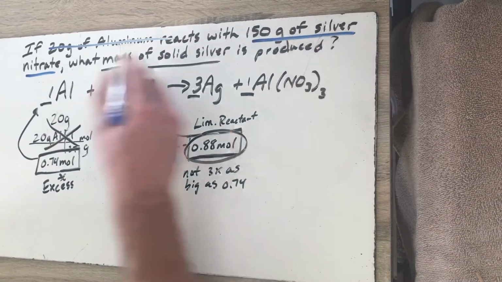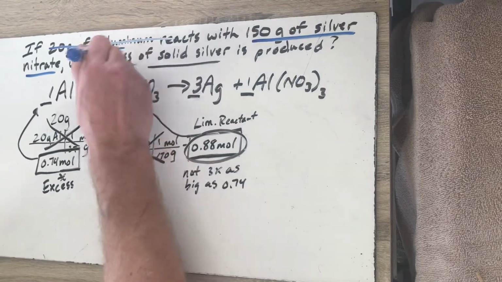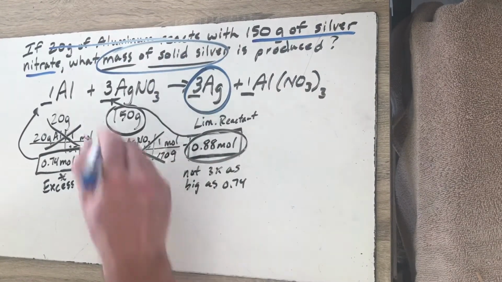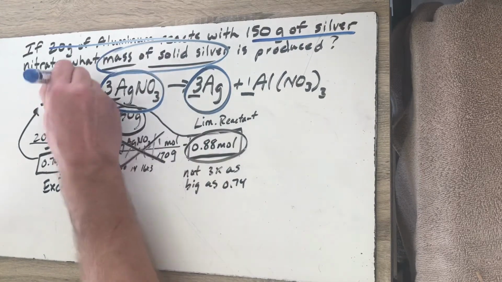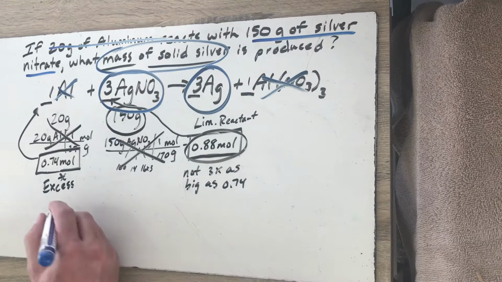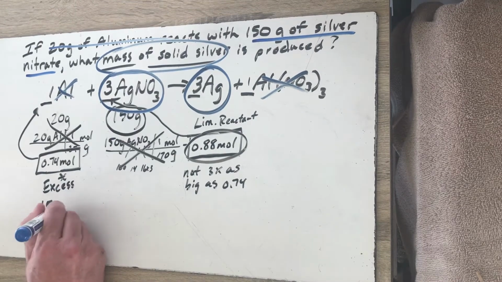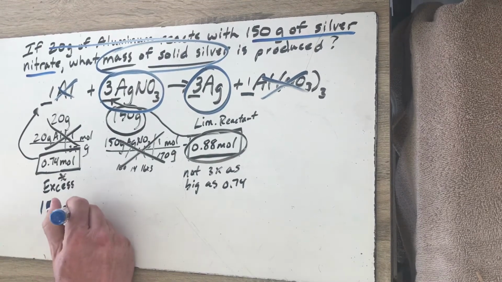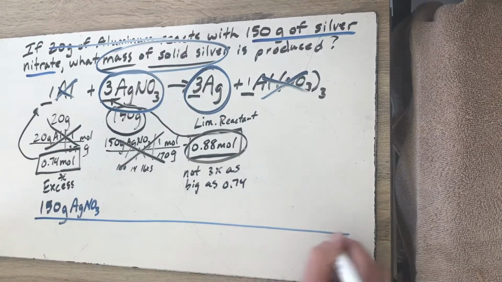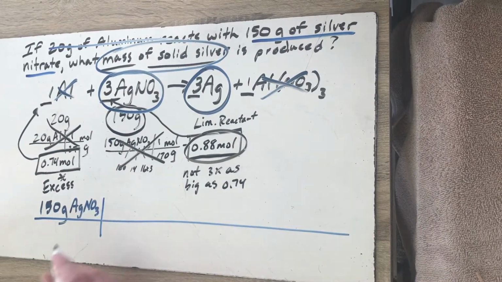So right here, I got my starting value. I'm trying to get mass of solid silver. So here's solid silver, and here's silver nitrate. Those are the two things I'm going to be analyzing. So I'm going to start with 150 grams silver nitrate. And you've already done this step, but I'm going to rewrite it just to make sure you can see how it fits with the bigger picture.